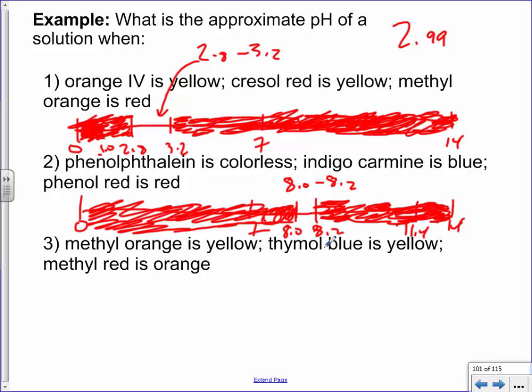Does that make sense? Okay, you guys try the last one then. It's not a particularly long topic, obviously. Like, this is it.